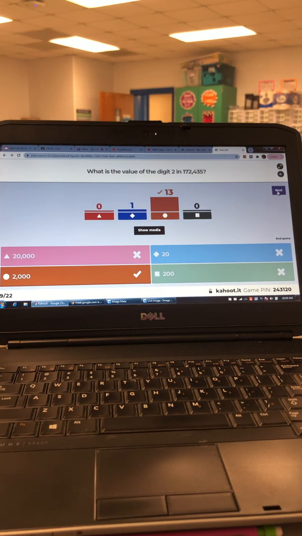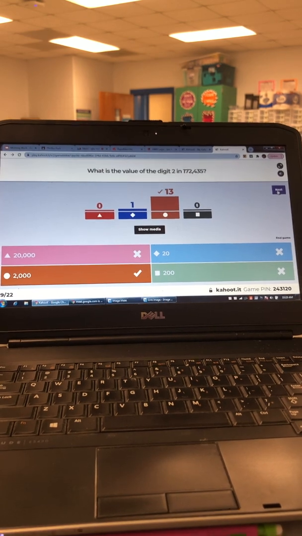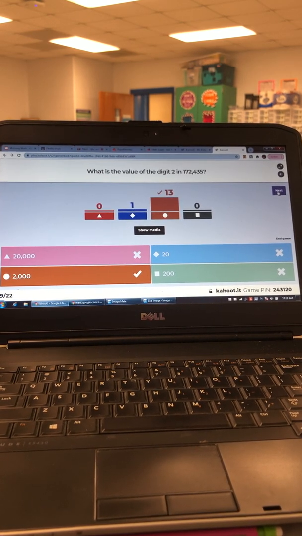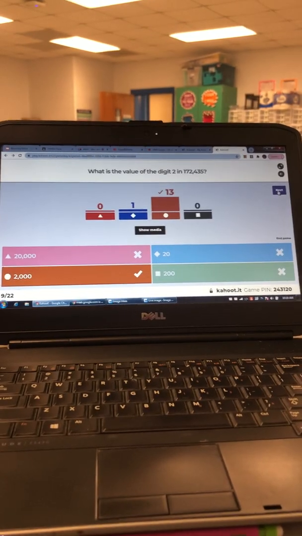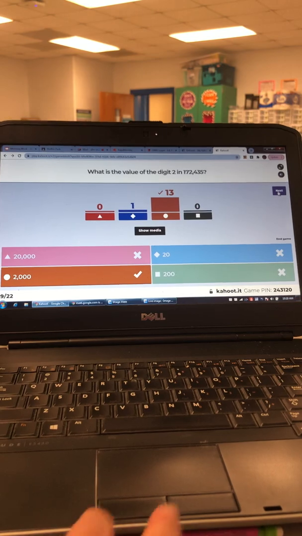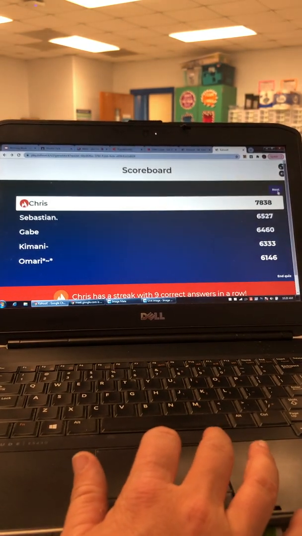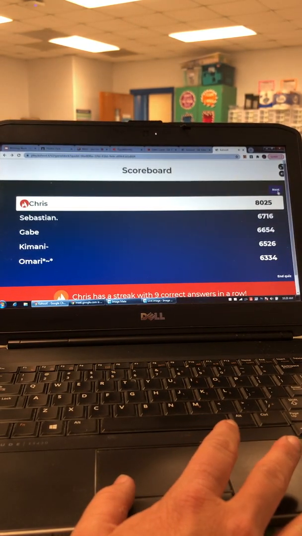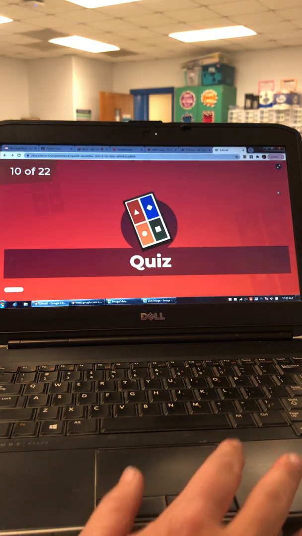All right. So the 2 is in which place on the place value chart? In the thousands place. So it is that number times 1,000, which is 2,000. All right. Number 10.